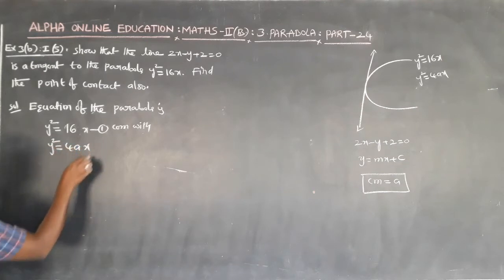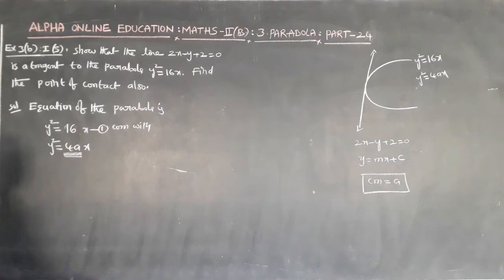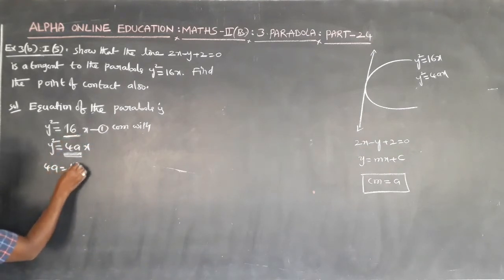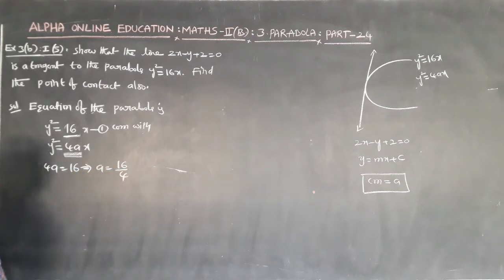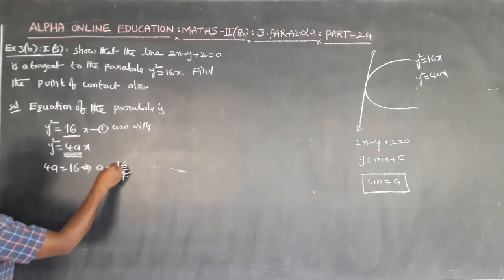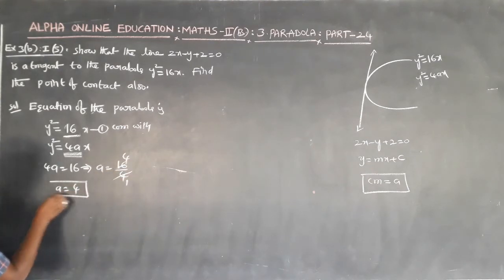Comparing with y square is equal to 4ax, the x coefficient is 4a, here the x coefficient is 16. 4a is equal to 16 means a is equal to 16 by 4. 4 ones are 4, 4 fours are 16. So small a is equal to 4.